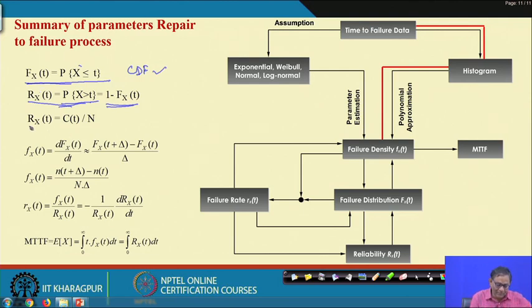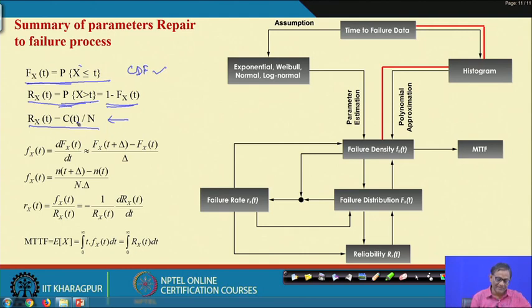Then we showed that you do a random experiment, in which n identical units are put under test, and then you observe how many are surviving after certain time intervals.